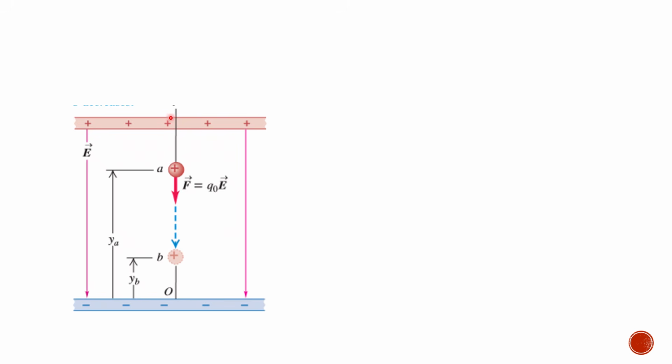It goes from a point where potential energy is high, because it's positively charged and our test charge here is also positive, to low potential energy. Therefore, positive work is done by the electric field on the positive charge, and the change in potential energy is negative.